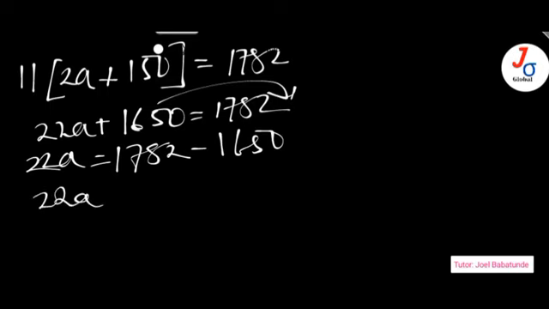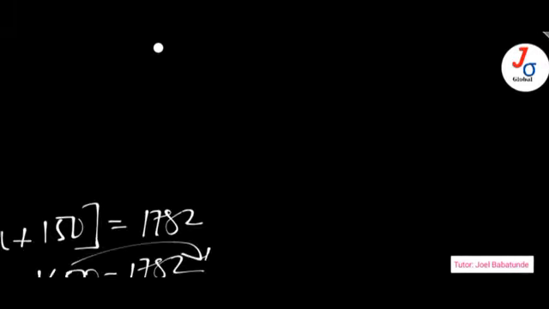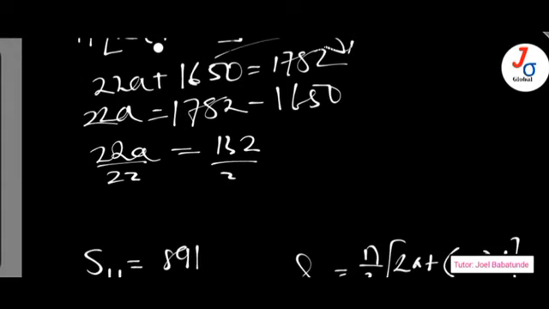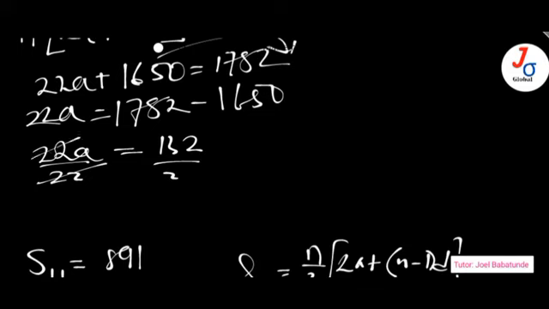And so 22A is equal to 132. Dividing both sides by 22, I have this. And so A is equal to 132 divided by 22, which is 6. So our first term is 6.